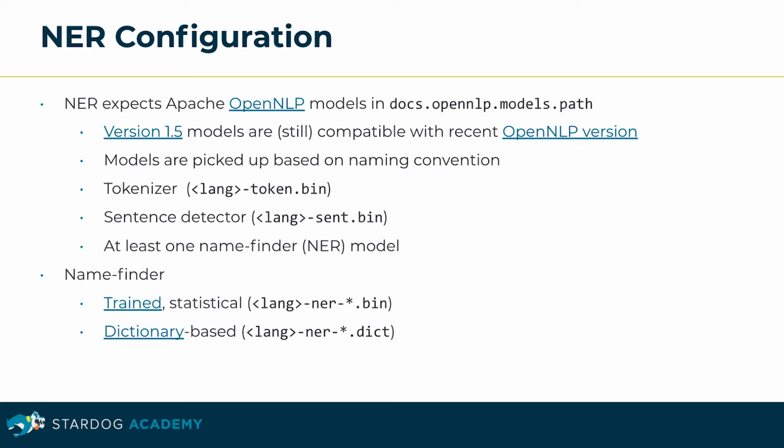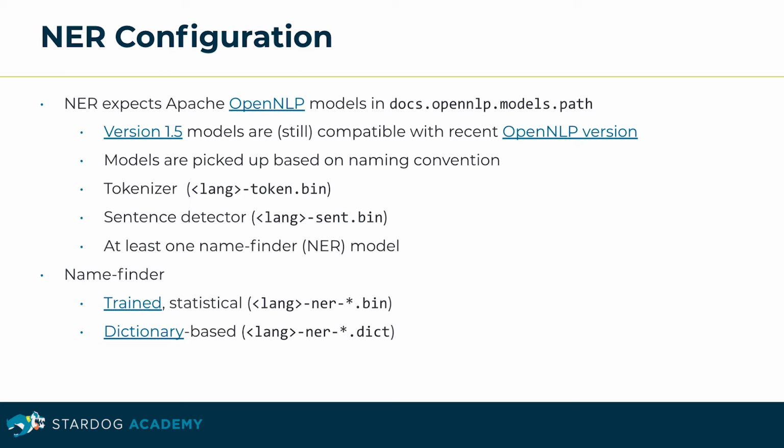For the purpose of named entity recognition, Stardog leverages the Apache OpenNLP framework. Corresponding language models should be placed in the directory indicated by the property docs.opennlp.models.path. The numerous models for 1.5 series are still compatible with more recent OpenNLP versions.